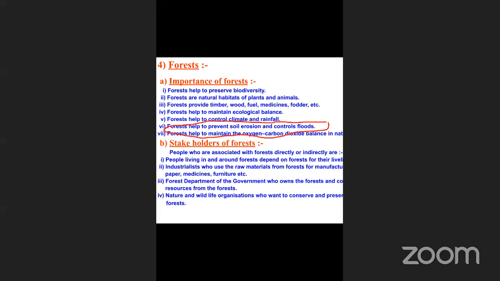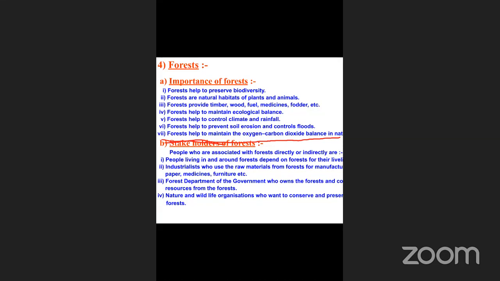Whenever there is strong wind or rainfall, the soil will not go along with that, and we can prevent soil erosion, and also we can control the floods.